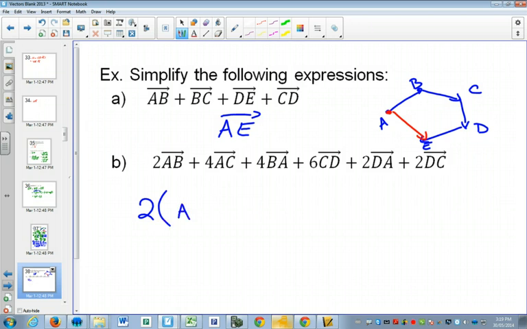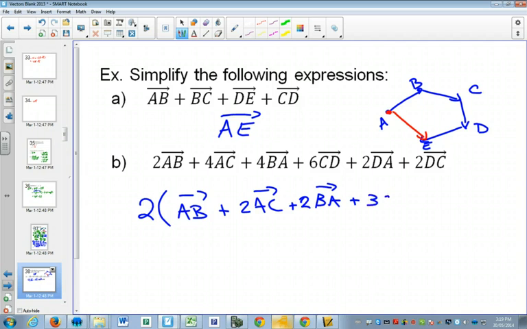Sure. Oops, that'd be 2. So you took out a 2 because there was a common factor of 2.